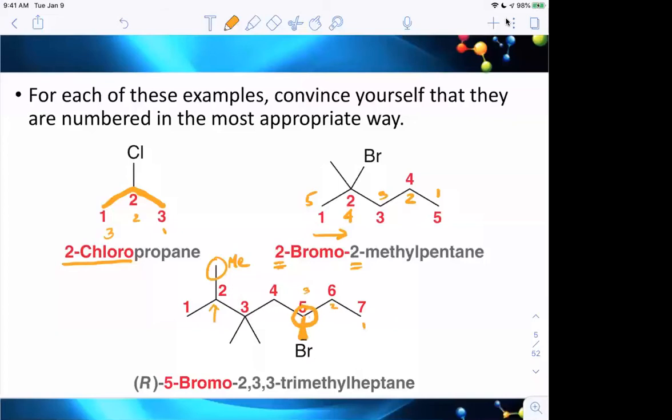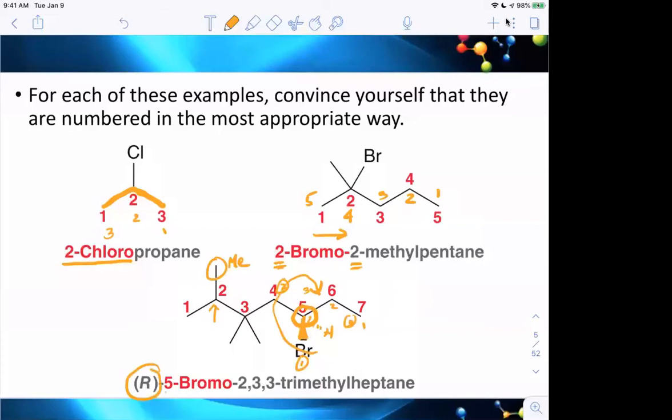So what I have to do is assign configuration. So I would have 1, 2, 3. I'm going clockwise, which is where I get the R. Now I don't have to put 5R because that's the only stereocenter in the molecule. So that R is implying that on the stereochemical center that's indicated, the configuration is R.